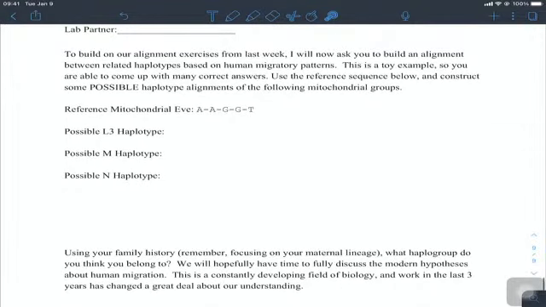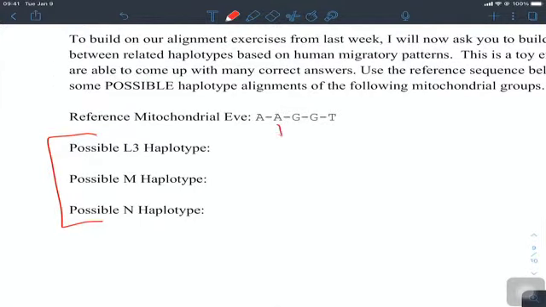Now, in order to build on our alignment exercises as well as our haplotype painting exercises, I've just come up with a random sequence here for our mitochondrial Eve. Now, I want y'all to come up with 3 different haplotypes, an L3, an M, and an N. Assuming that L3 derives from our mitochondrial Eve, and again, pause the video here, try it on your own, reading through the directions, but I'll just walk you through in a sec.